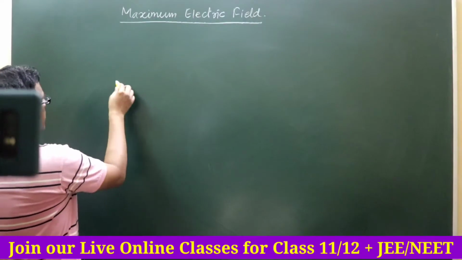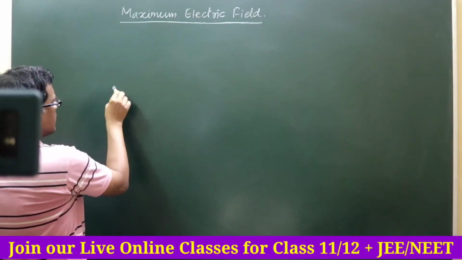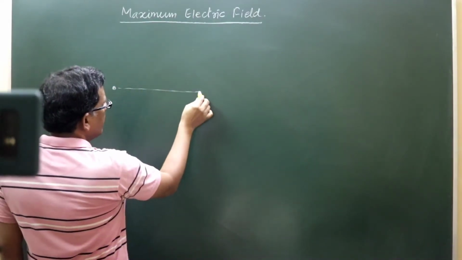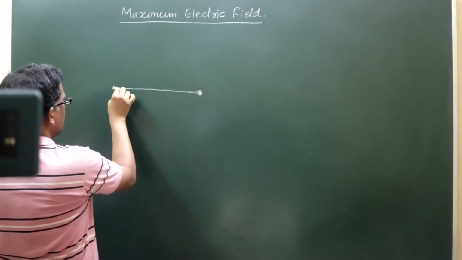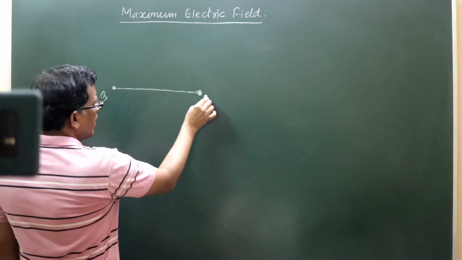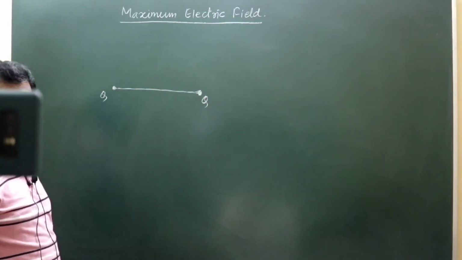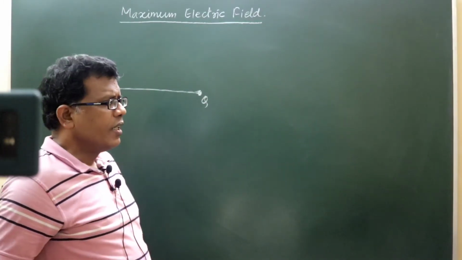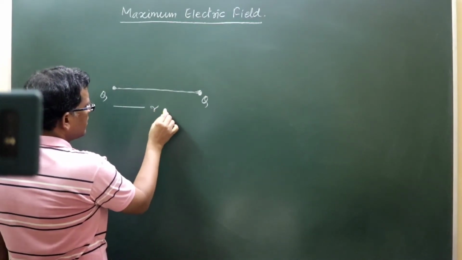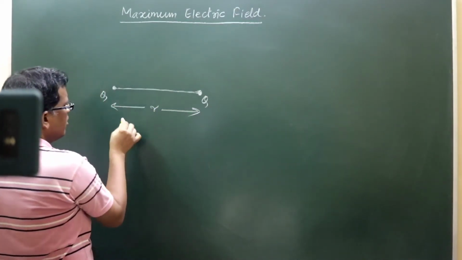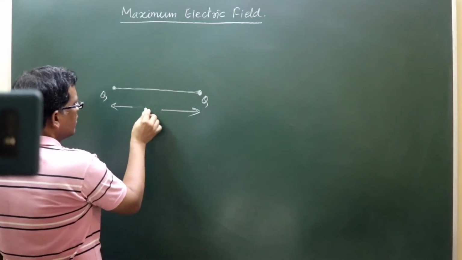So first of all we will discuss this for one pair of identical charged particles. Let these be two equal charges Q each, given at separation r from each other, right?